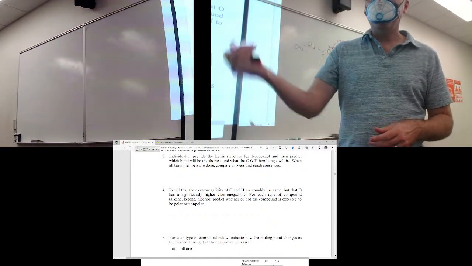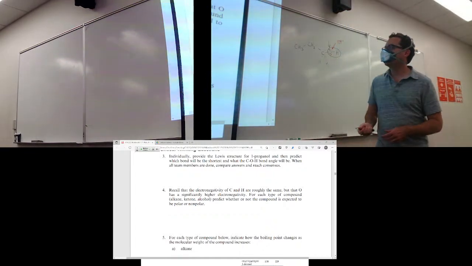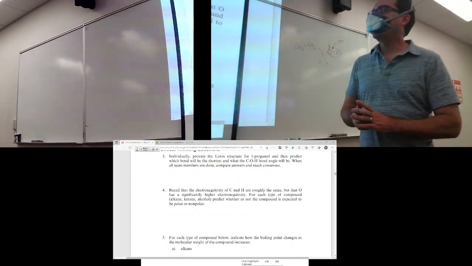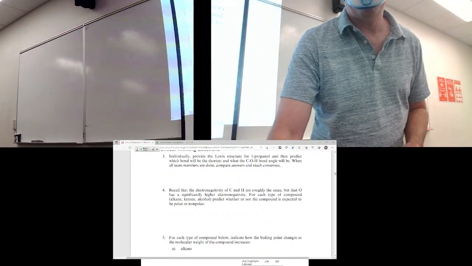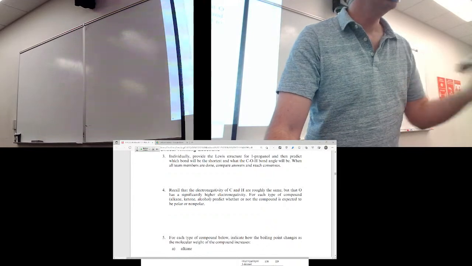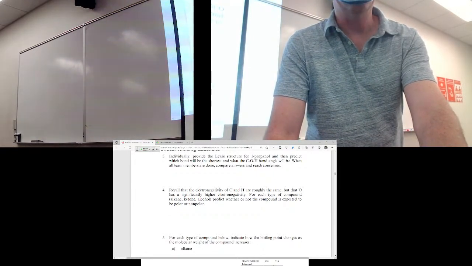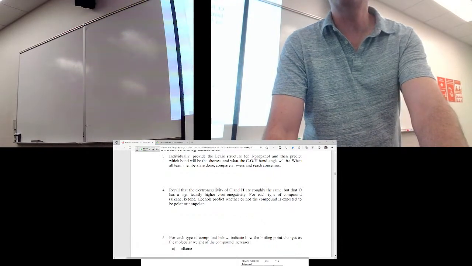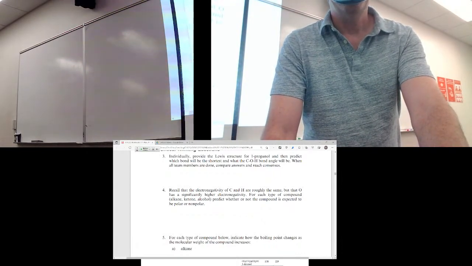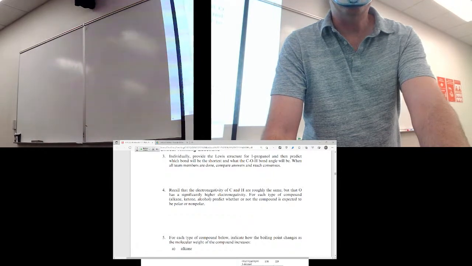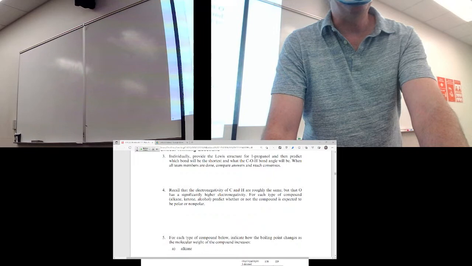But once we introduce oxygen, which has a higher electronegativity, what's going to happen to your compound? It's going to go from nonpolar to polar now. So an alkane is going to be nonpolar because it's just carbon-hydrogen bonds. But a ketone, or an alcohol, which has an oxygen in it, which is very electronegative, is going to make that a polar molecule.